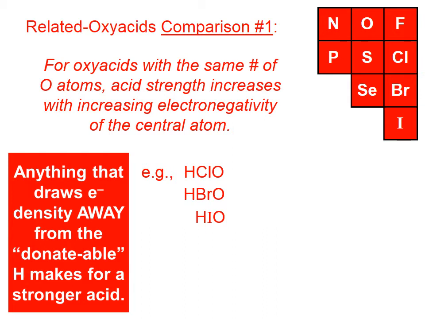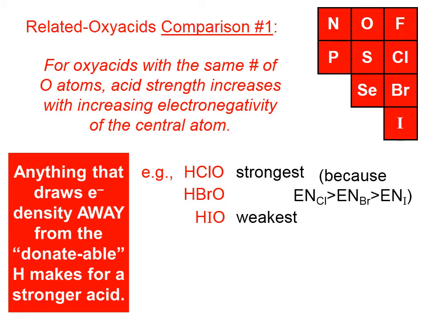These are all the same, except one has a chlorine in it, one has a bromine, one has an iodine. Chlorine is the most electronegative of those three, and so it would draw electron density away from the donatable H more than the bromine atom or the iodine atom.